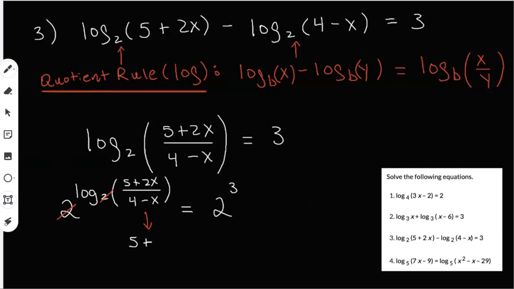5 plus 2x over 4 minus x. And then over here on the right side, I have 2 to the third power, and that's going to give me 8. So what we're going to do with this is solve it for x. We're going to see if we can get x by itself on one side, and we get a rational equation because this right here is a rational expression.